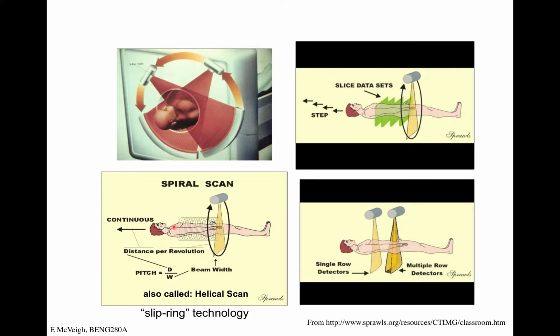If you had a beam marking the surface of the patient, it would form a helix. And in order to get any arbitrary location in the 3D volume, you have to interpolate between helices on either side of your point, unless you're sitting right on the point, right? And so that interpolation is done to create a 3D volume data set.